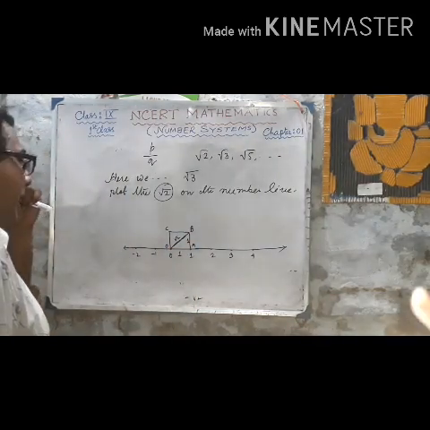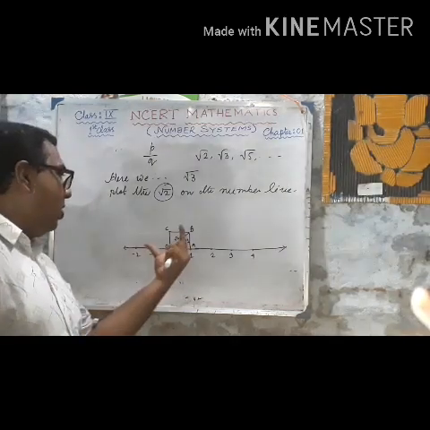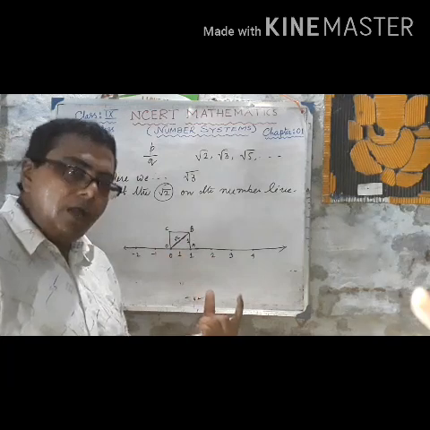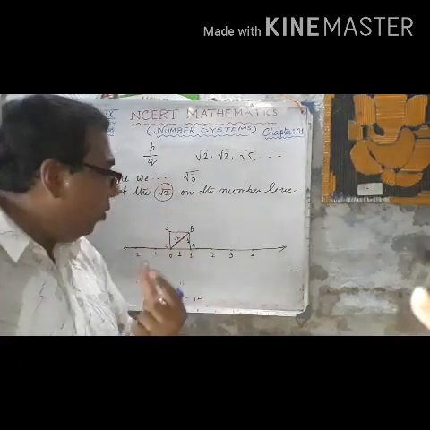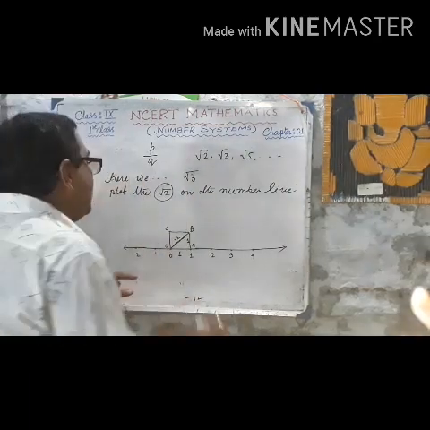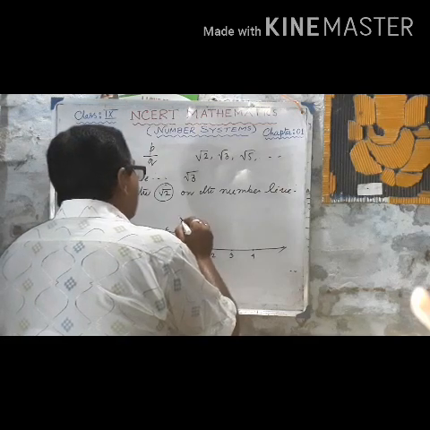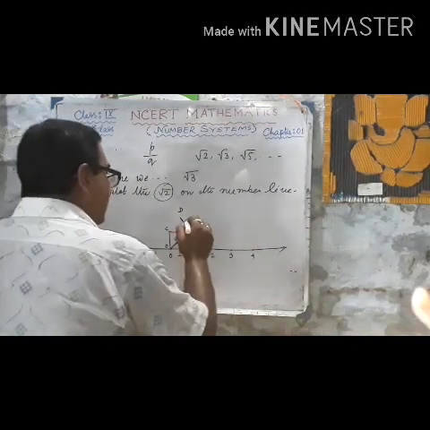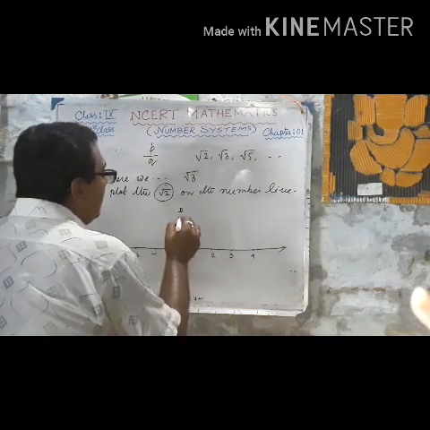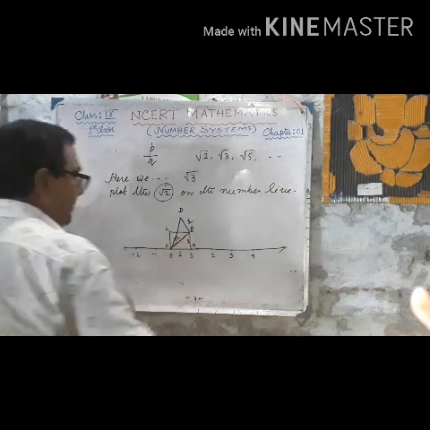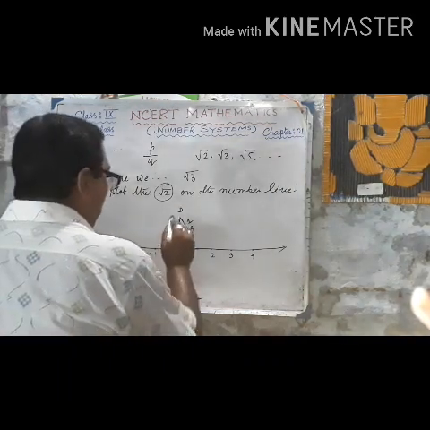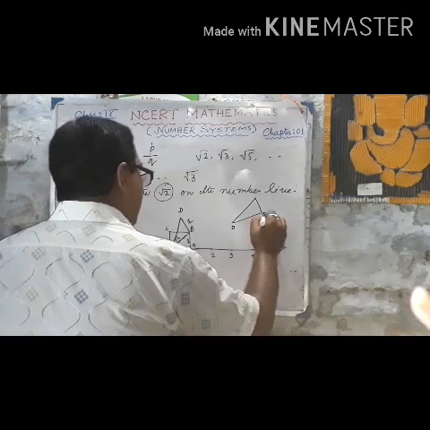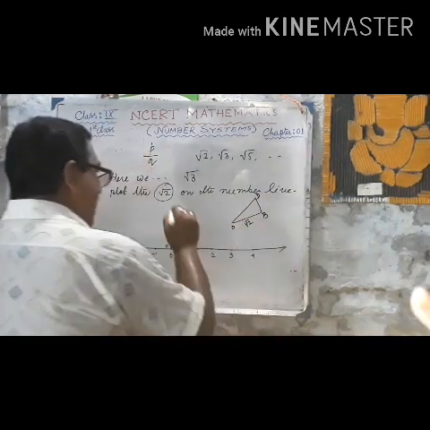Now we have to draw a perpendicular of length 1 on the diagonal OB, that is BD, which is 1, and connect O and D. From the triangle ODB, OB is root 2 and BD is 1.